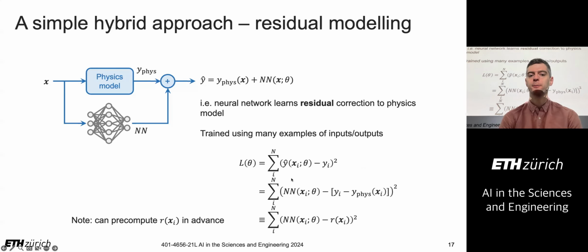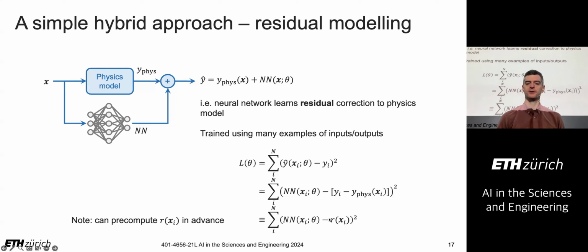And we match the output of the whole residual workflow, this Y hat here, to our labeled data with a very simple, say, mean squared error loss function. Now we can plug our expression for Y hat into this loss function and rearrange it. What you get is a loss function that just matches the neural network to the residual, which is just the difference between the true data and the Y physics model. So this is just our residual difference. That should be very obvious.